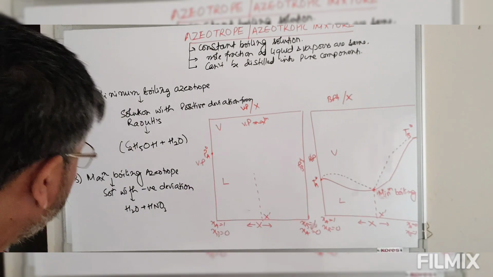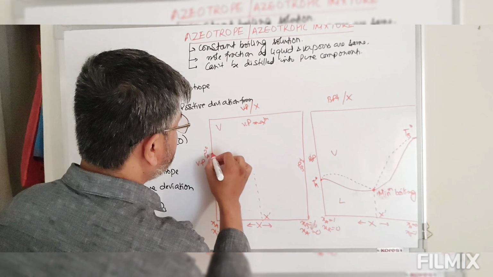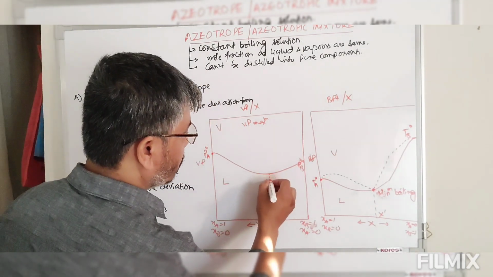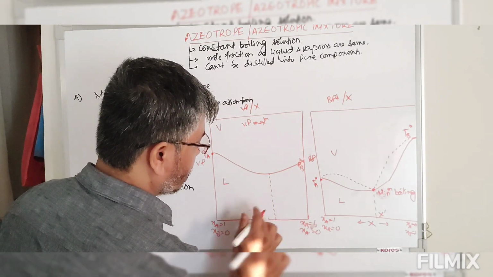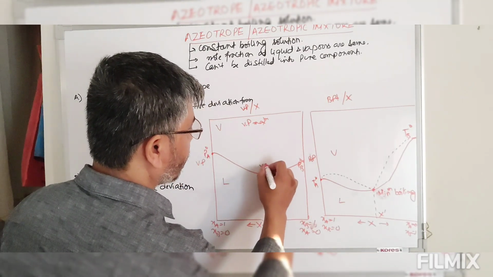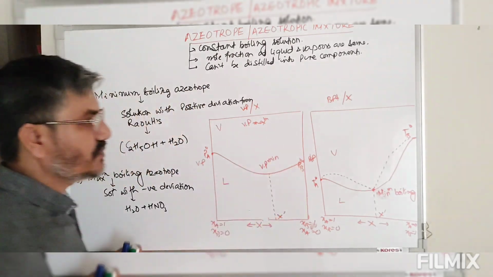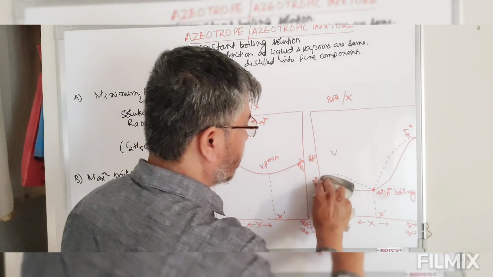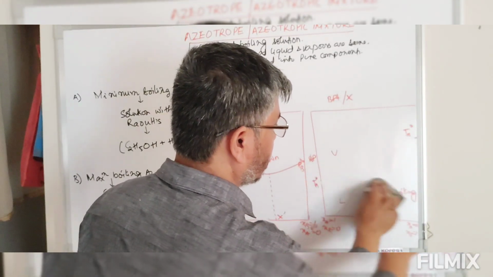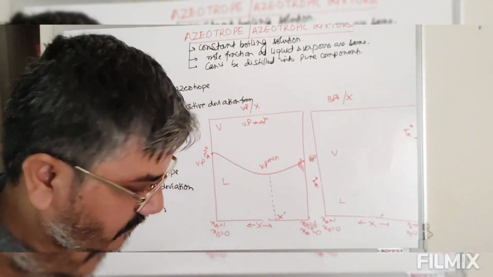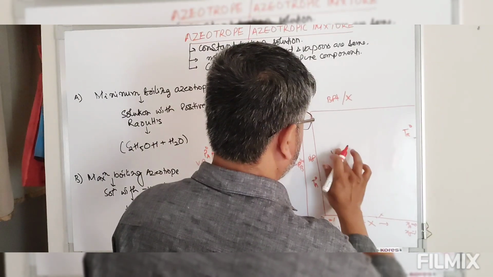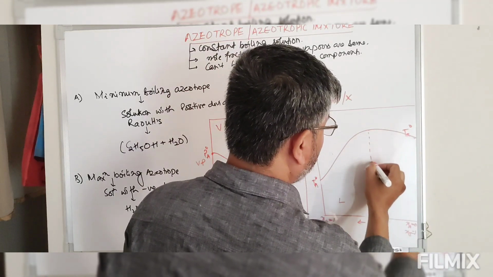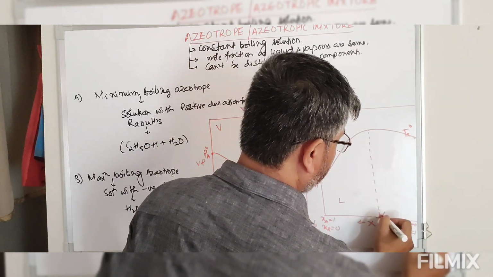Since it is a solution with negative deviation, these values are less than the ones expected from Raoult's law. So at this particular composition, the vapor pressure is minimum. Since the vapor pressure is minimum, the boiling point will be maximum at this particular point.